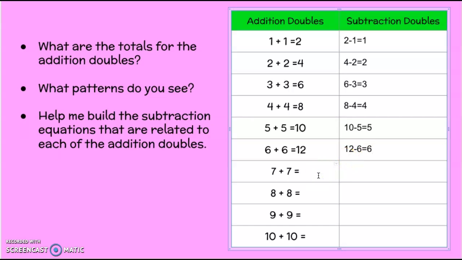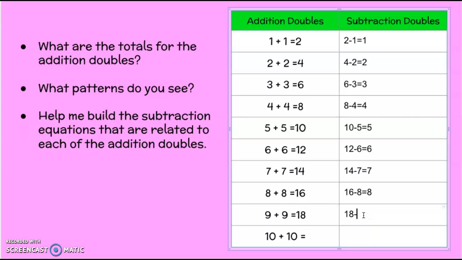7 plus 7 equals 14. So 14 minus 7 equals 7. 8 plus 8 is 16. So 16 minus 8 equals 8. 9 plus 9 equals, some people think that's a tough one, 18.